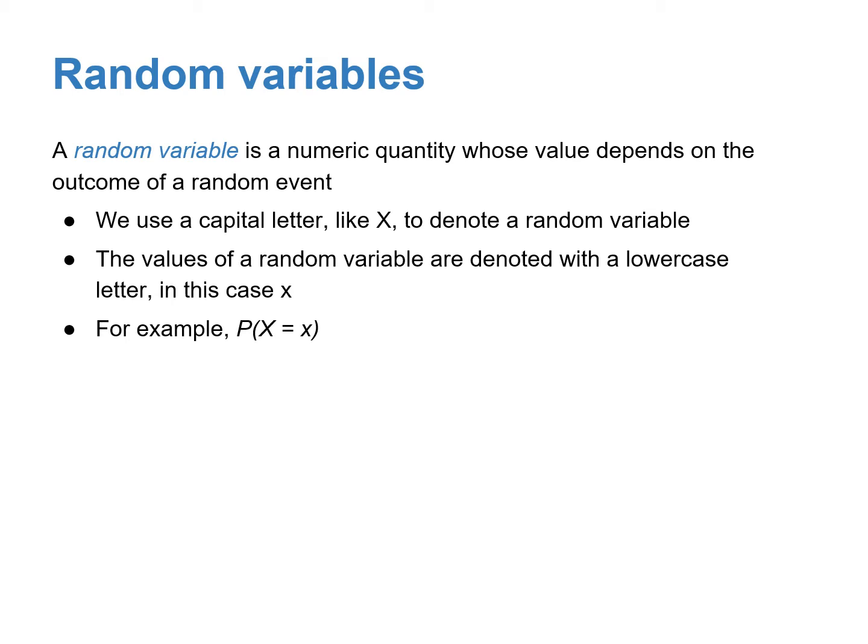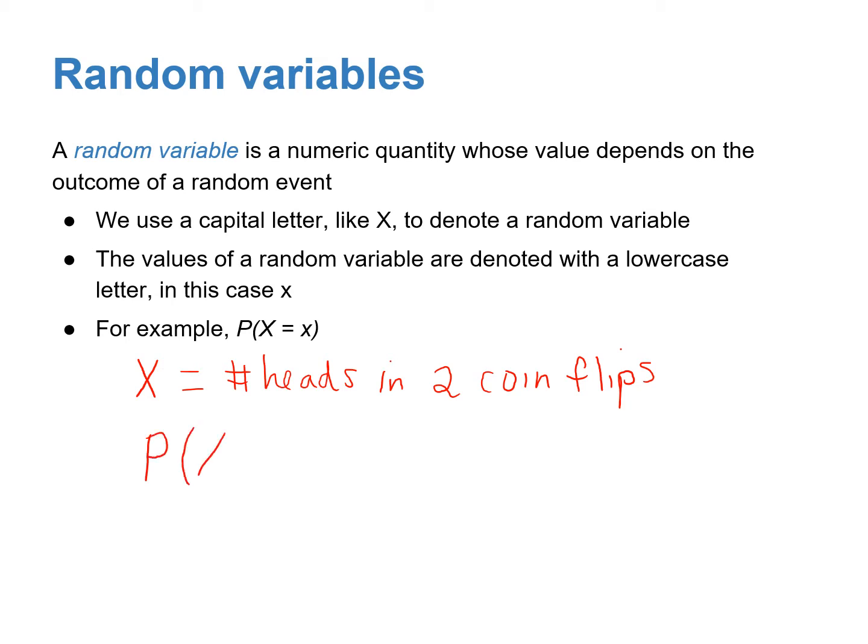So we might be interested in something like, we could let X equal the number of heads in 2 coin flips. And I could think about figuring out what the probability is that the number of heads, X, is equal to 0.